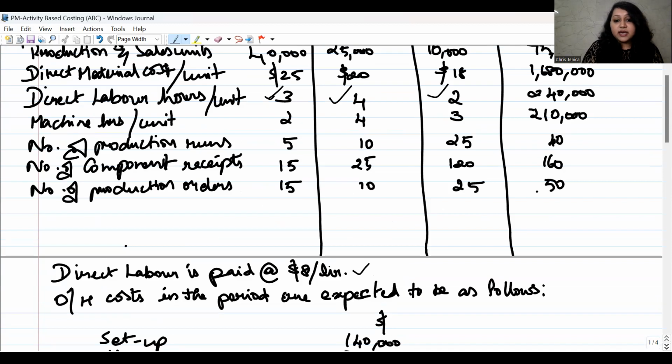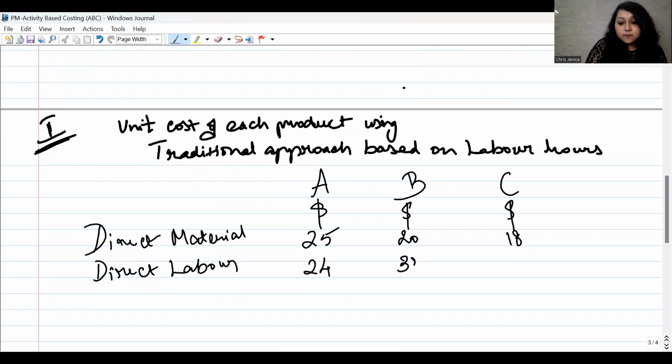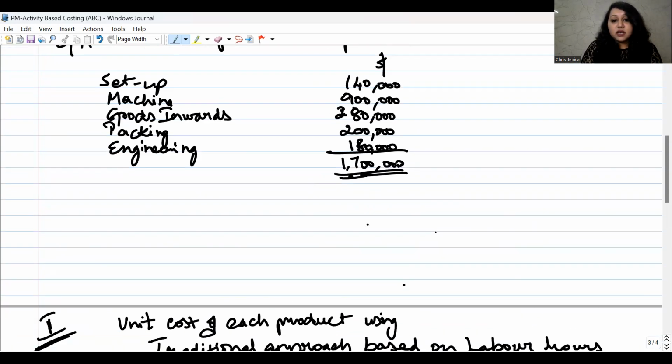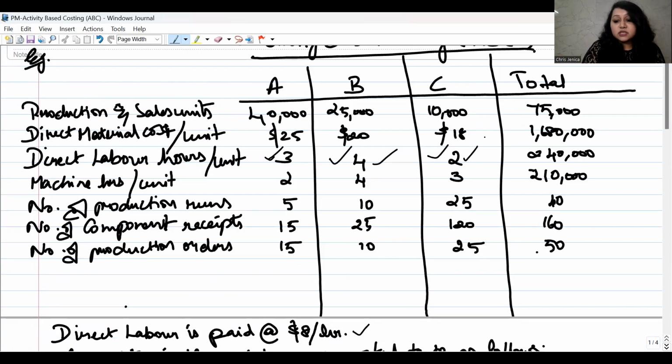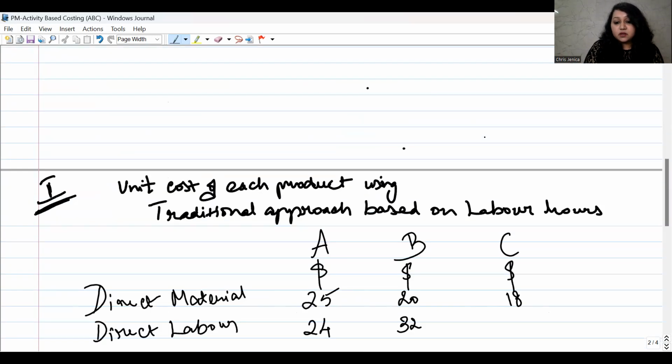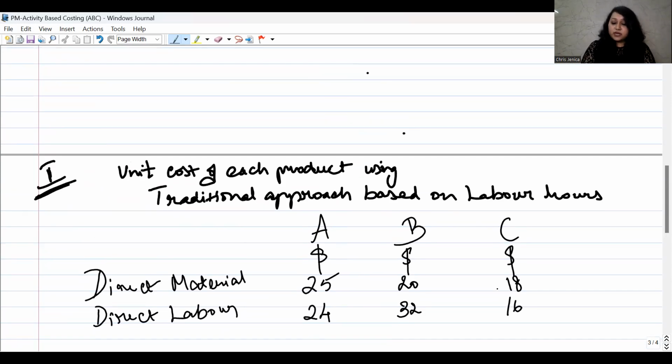And then $8 into 4 hours is going to be 32, and $8 into 2 hours is going to be $16.